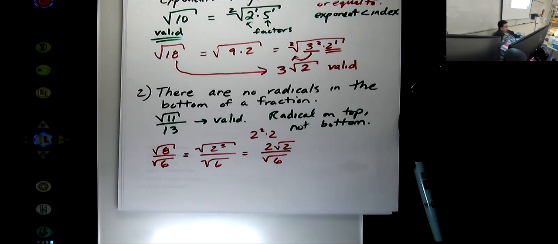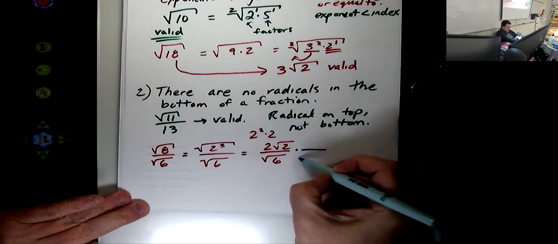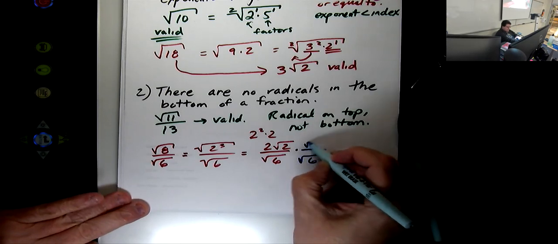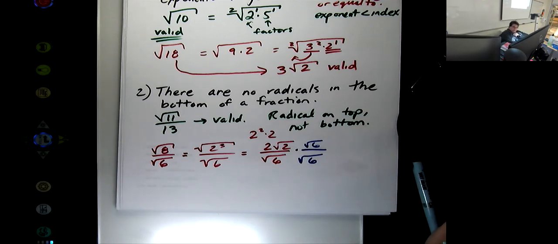How we clean up radicals in the denominator, how we get rid of the radical in the denominator, is we multiply top and bottom by that same radical. The people that were here for Math 335 saw a sneak peek of this.